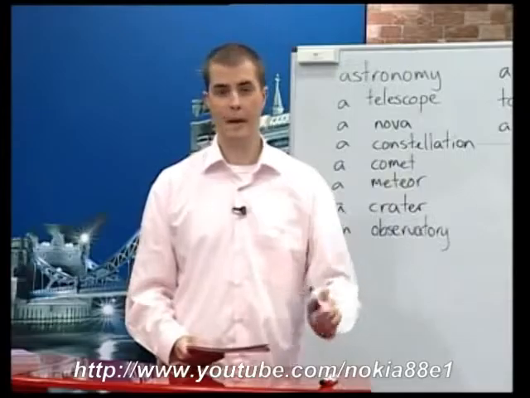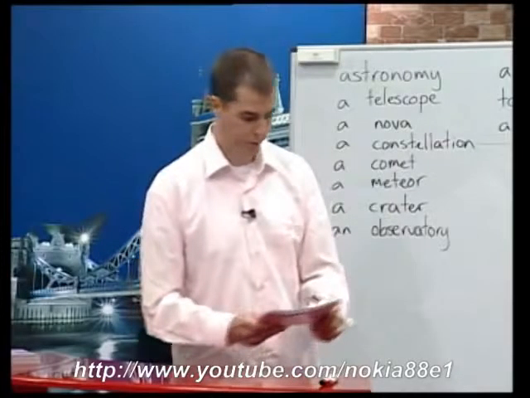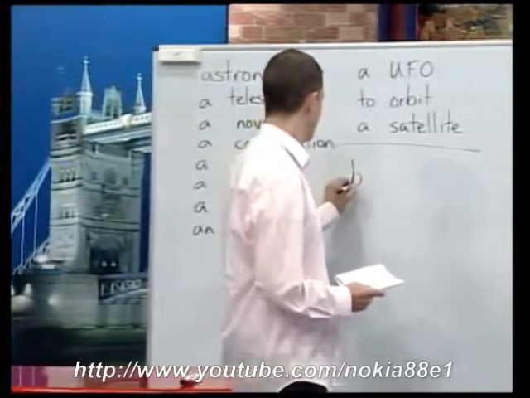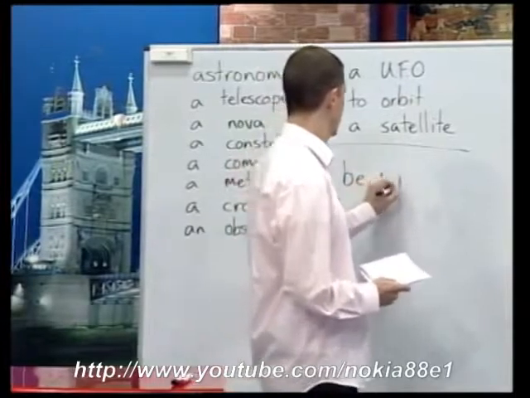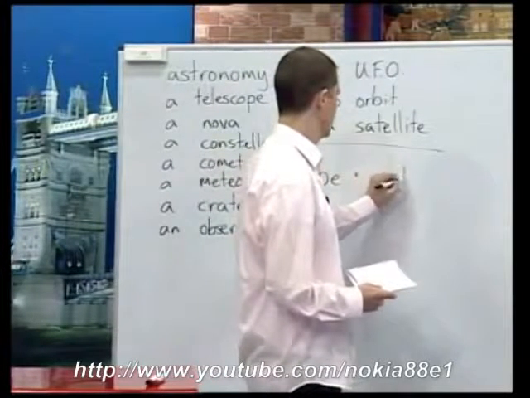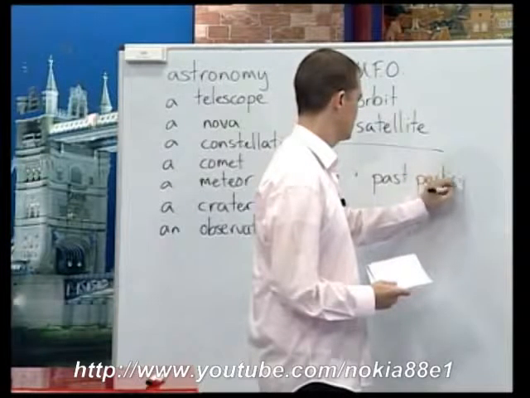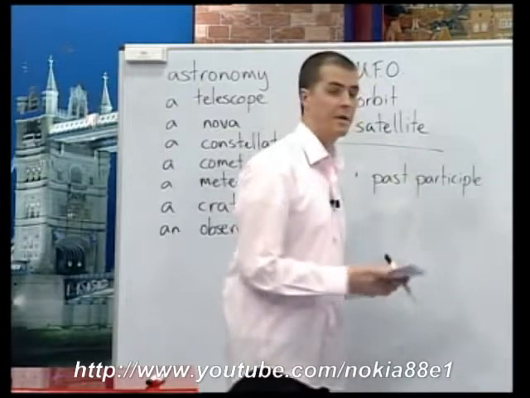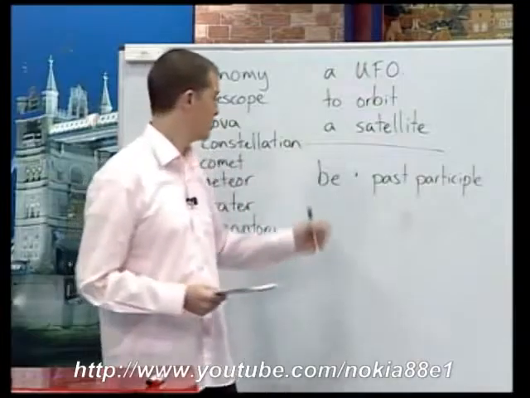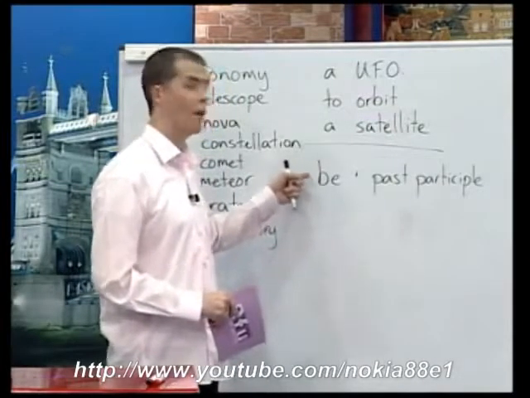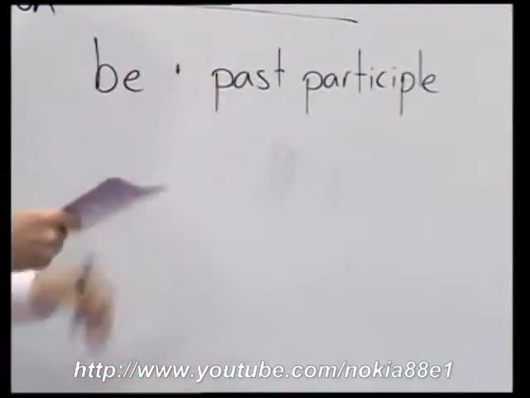Now, to form the passive voice, we use be plus the past participle. For the simple present, we're going to use am, is, or are plus the past participle.